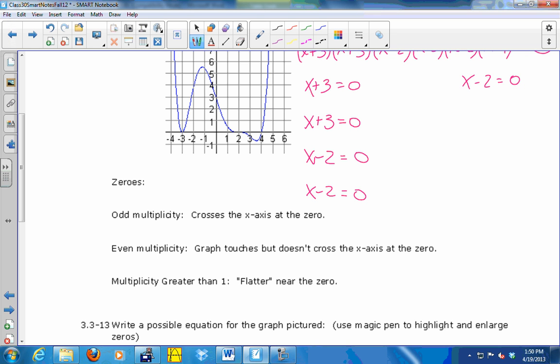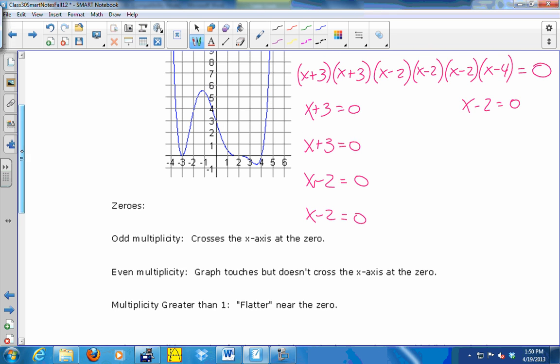And then I have x minus 4 equals 0. So when I solve these, I get x equals negative 3, x equals negative 3, x equals 2, x equals 2, x equals 2, and x equals 4.